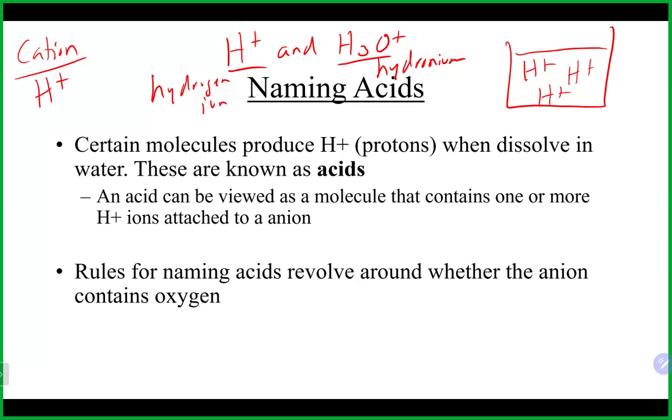So the anion is how you get the rest of the name. And in terms of the anion, basically, is there oxygen or is there not oxygen? That's the question you want to ask when you're going to name acids: is there oxygen or is there no oxygen? So let's talk about how you go about doing that.